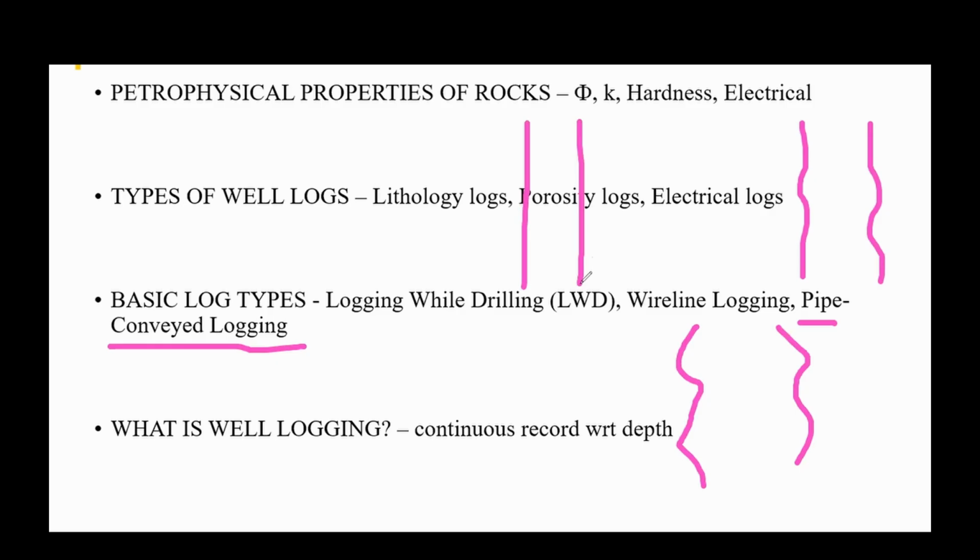And if you see, in the graph or in the diagram, a straight line with small horizontal lines like this, whatever I have shown in blue color, it is cased with cementation.